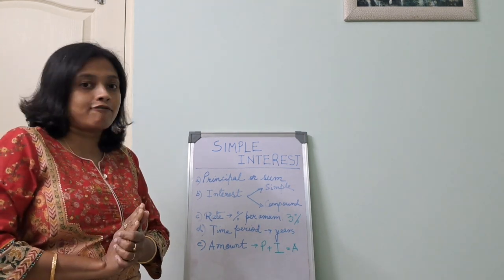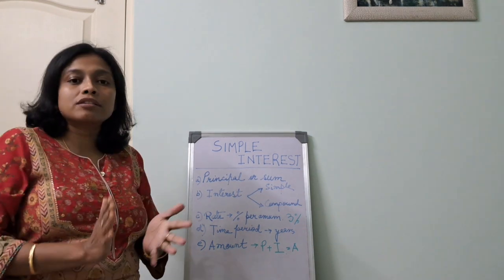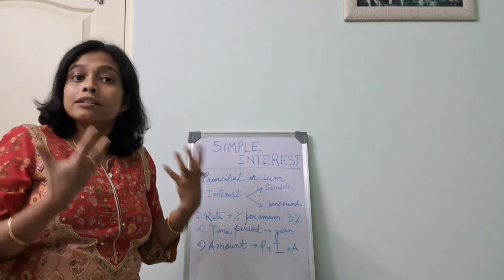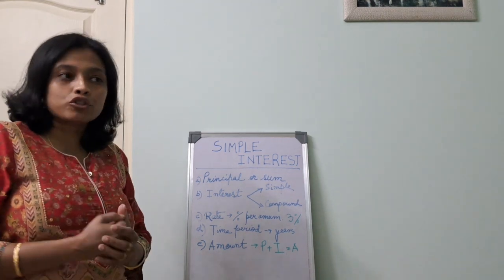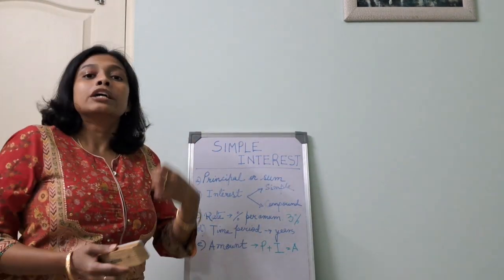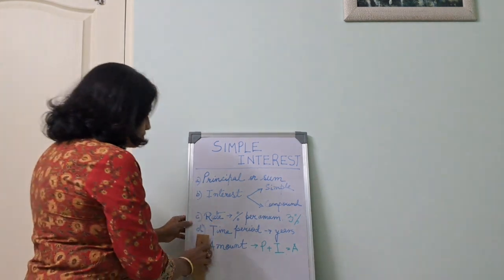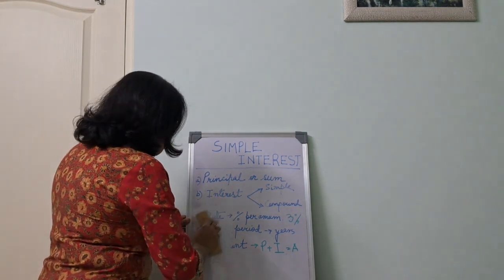Now what is the second formula? Let's try to understand what the second formula is. So for that, what should we do? Let us try to apply the unitary method to it. So I will just rub this part.